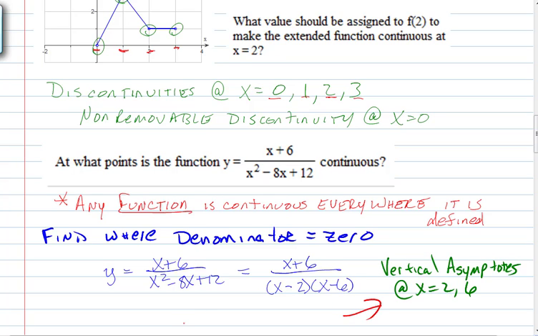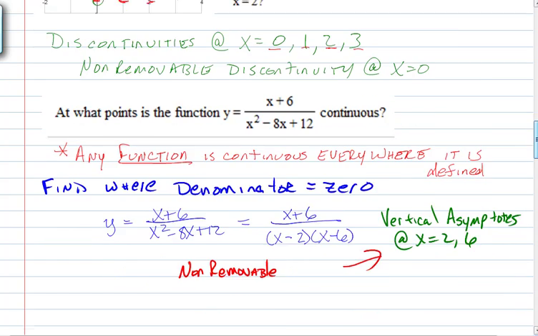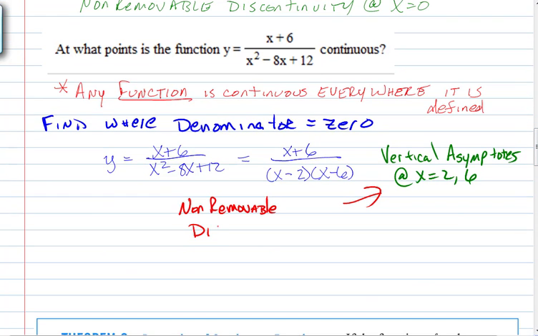These are non-removable. How can you tell that? Because it's not just a hole in the graph, it's actually an asymptote.